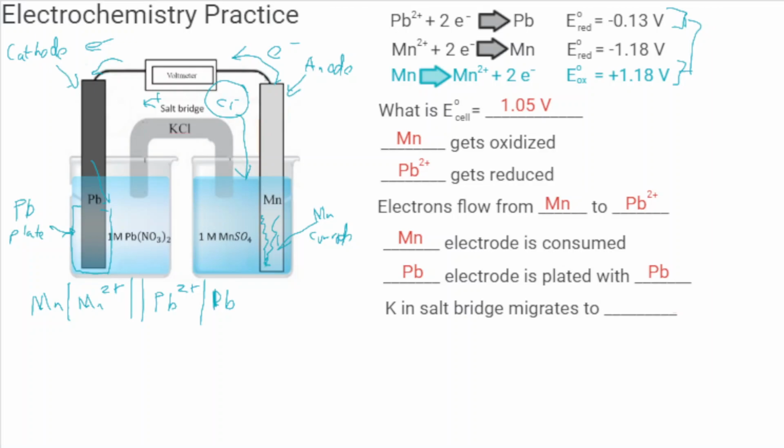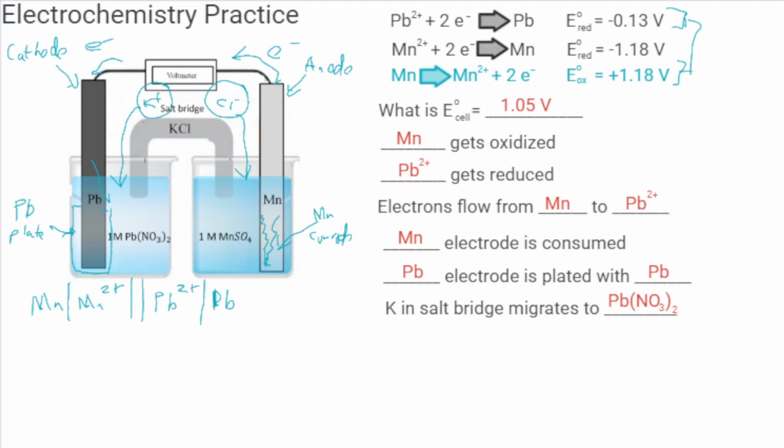And on the other end, we have our lead 2+ being plated, so that's leaving the system. We have some extra NO3-. So to counterbalance that, we're going to need our cation to go into this solution. So our potassium plus in our salt bridge is going to migrate towards the lead nitrate solution.